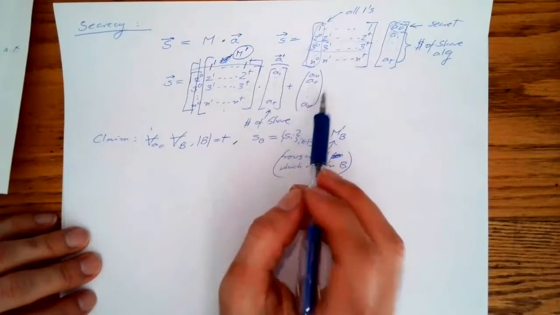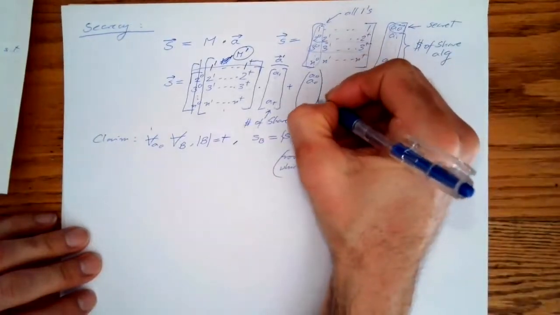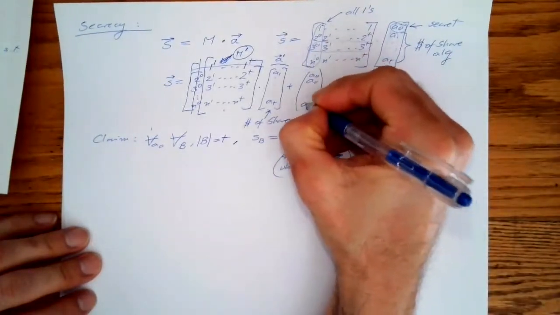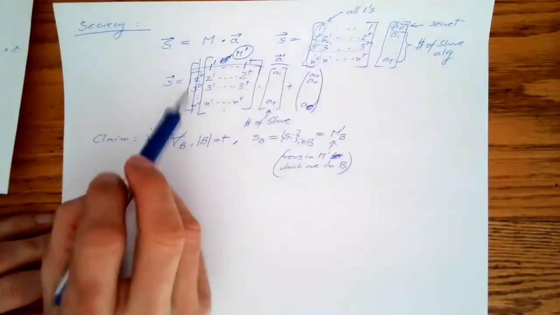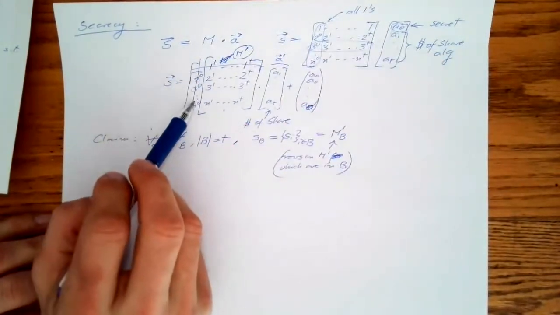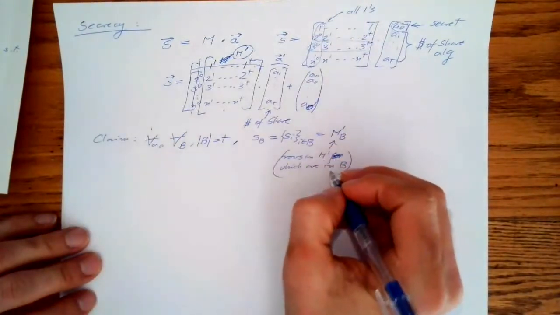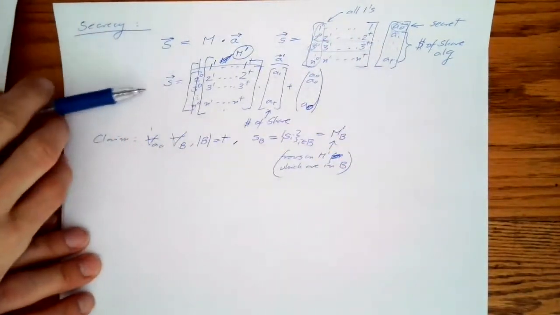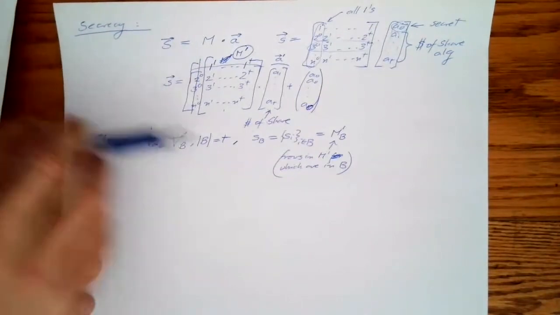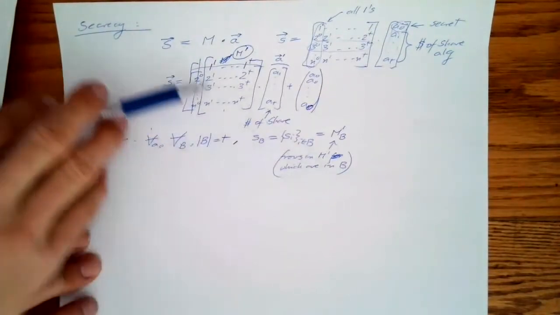If I put A0 outside, then I have to remove the first column. So now think of B having the first T players.